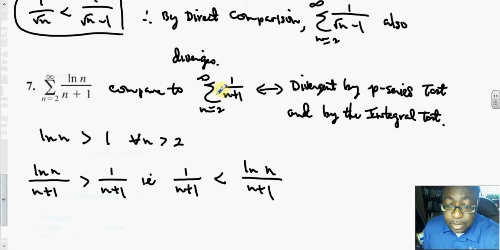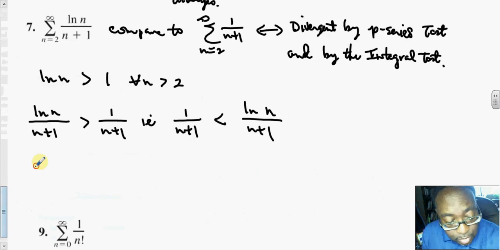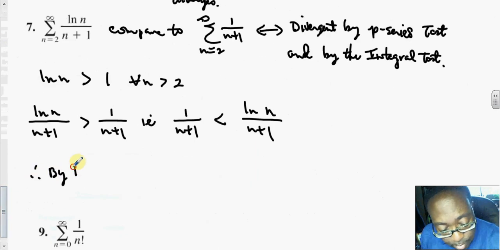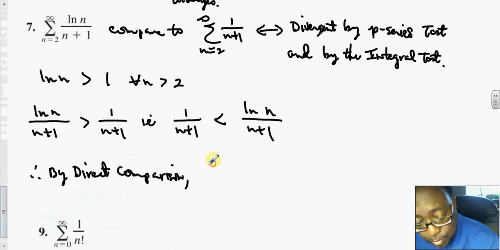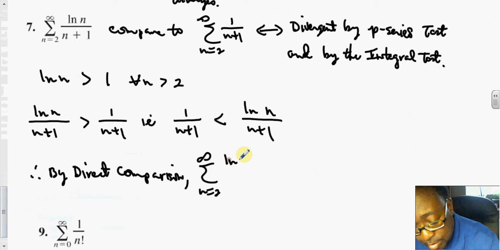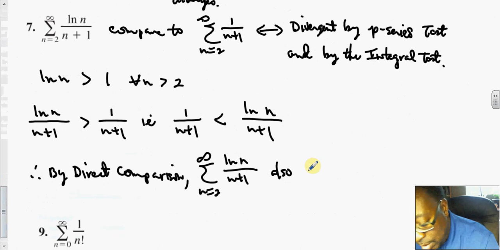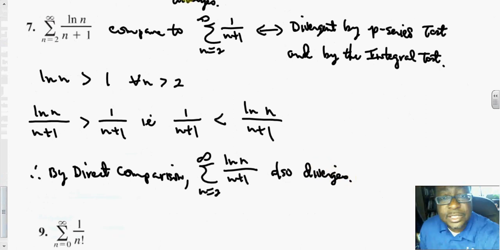Again, the summation of 1 over n plus 1 diverges. Anything greater than that must also diverge. So by direct comparison, the summation as n goes from 2 to infinity of the natural log of n over n plus 1 also diverges.